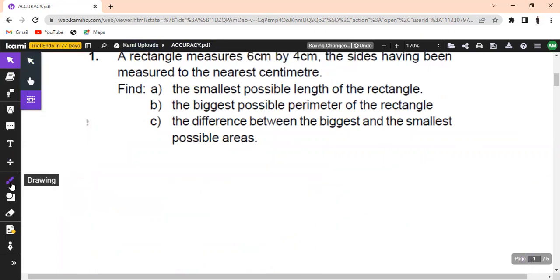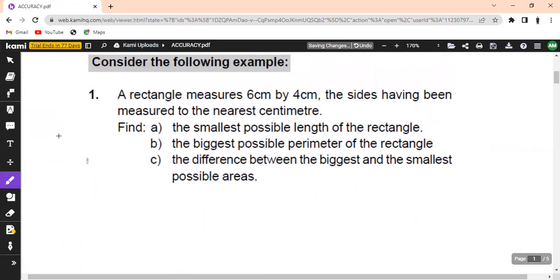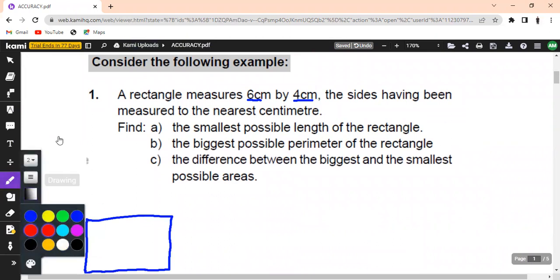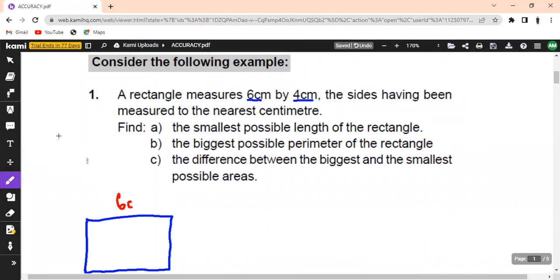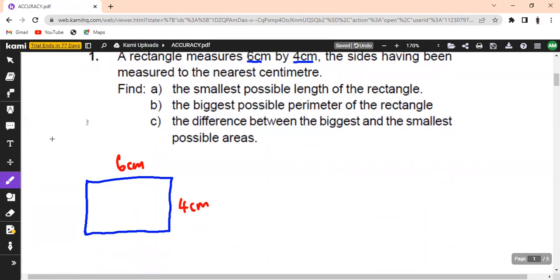All right, so let us go back to this question where we are given that a rectangle measures 6 centimeters by 4 centimeters. Okay, so this is our rectangle. After rounding off, the dimensions were 6 centimeters and 4 centimeters.